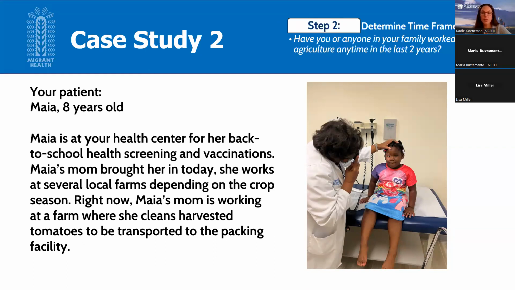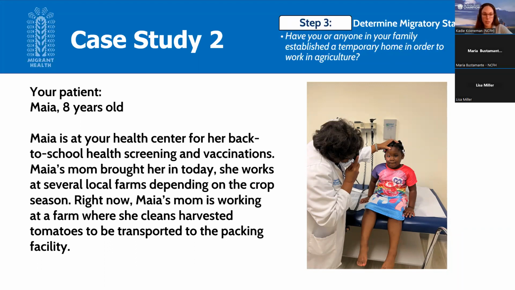Okay, so now we've answered yes to step one and two, so we should determine whether this patient is a migratory worker or a seasonal worker. So step three, has this patient or anyone in this patient's family established a temporary home in order to work in agriculture? Yes or no?